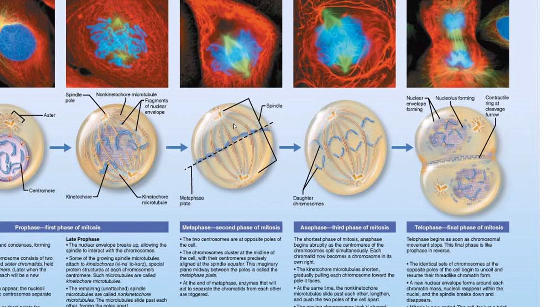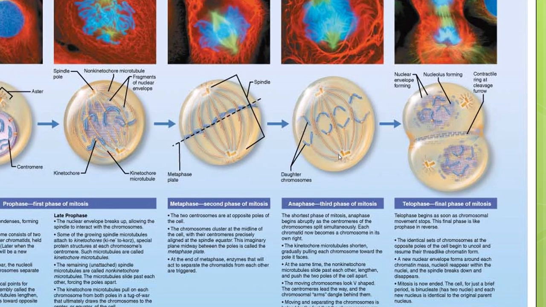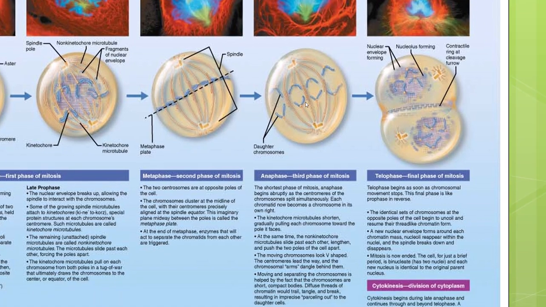The mitotic spindle is fully formed, and now we can finally start the separation process, which occurs in anaphase, the third phase of mitosis. Basically, these little kinetochore microtubules pull apart the two identical sister chromatids and essentially walk them to either side of the elongating cell.